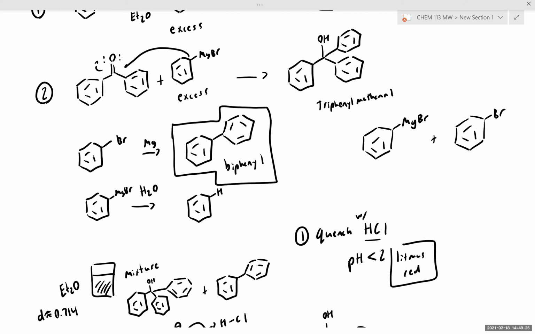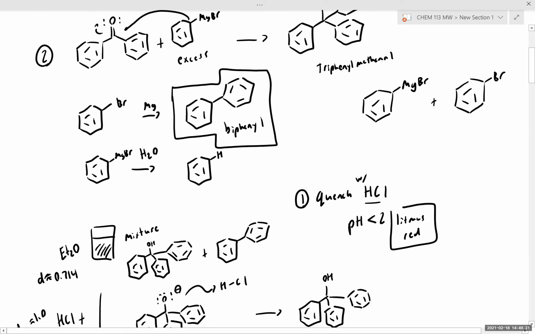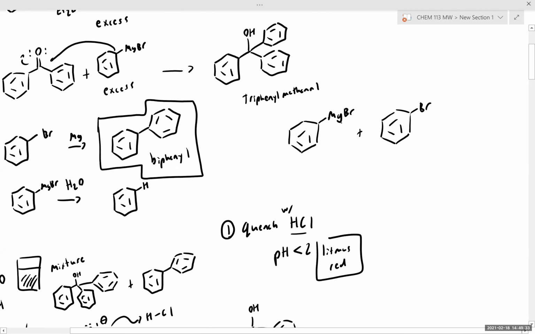One way that you can think of this process is your equivalent of Grignard can self-react with your equivalent of bromobenzene.